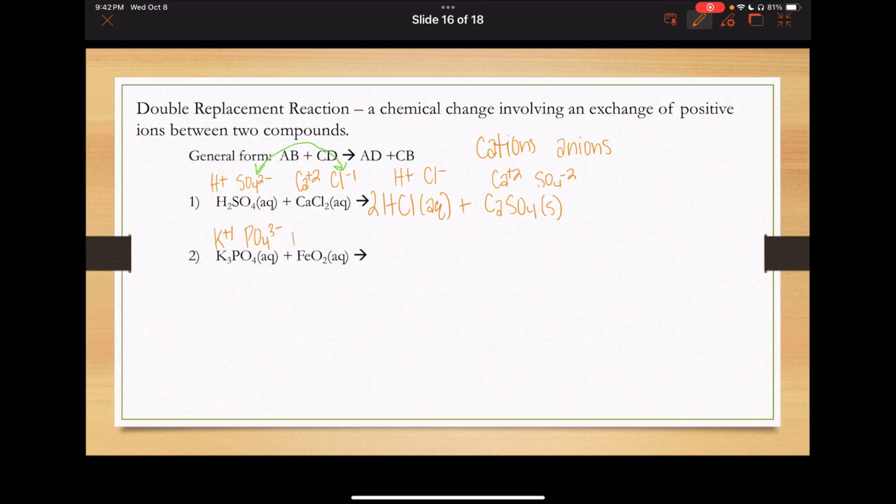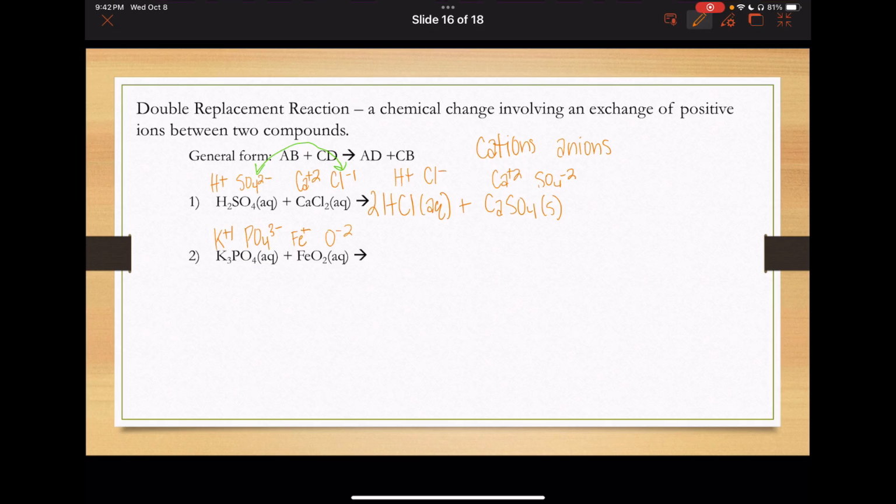Iron, it is a metal, so I know it's a positive charge. Iron's a transition metal, so I don't always know what the charge is going to be. I do know, however, that oxygen is a nonmetal, which forms an anion, and it is always going to have a minus 2 charge.